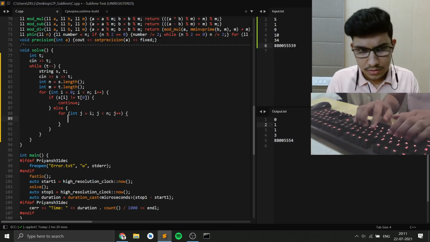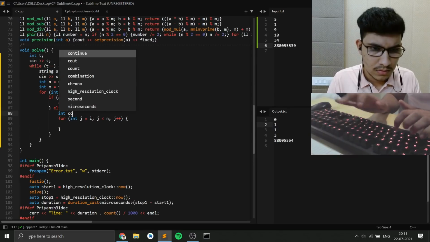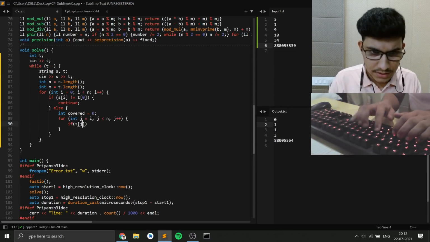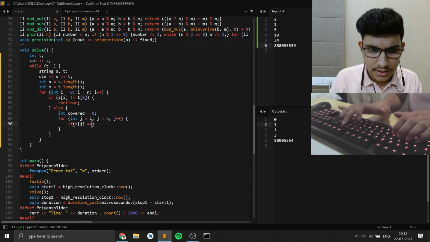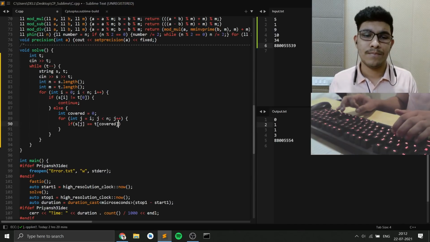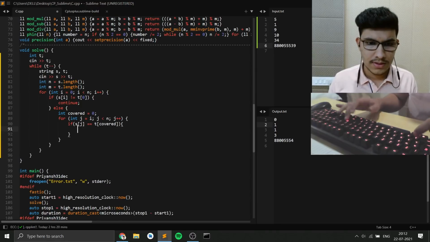So here I take the ith character. If s at j equals t at covered, right?